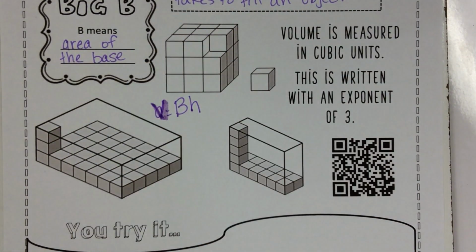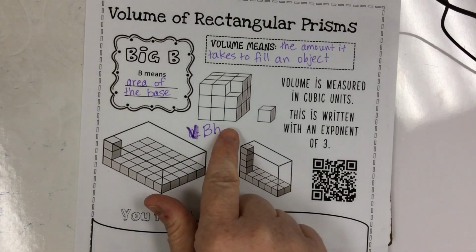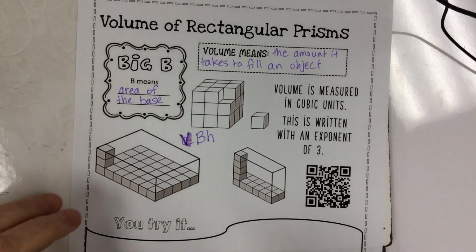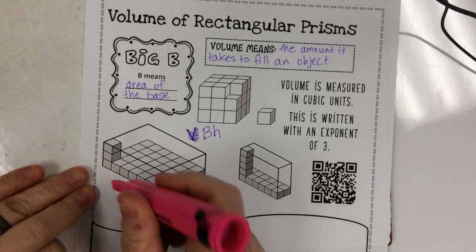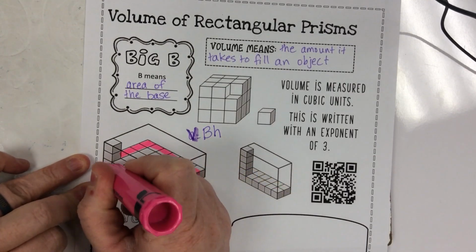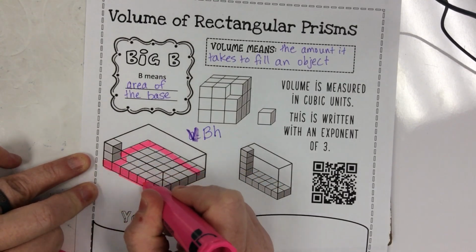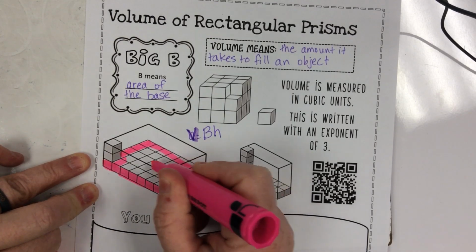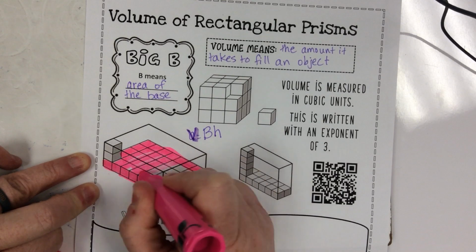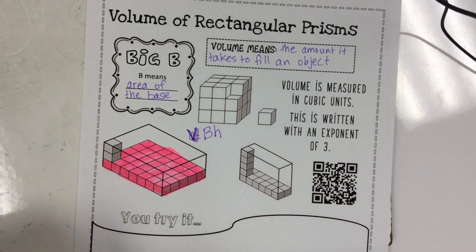So every time, what we're going to do is look at the base of your object. If I think about my base here, I'm going to start with this one down here, okay? In elementary, you learned length times width times height, which is fine as long as you're only working with a rectangular prism. In 6th grade, we're still only working with rectangular prisms, but now we're preparing for what you'll see next year.